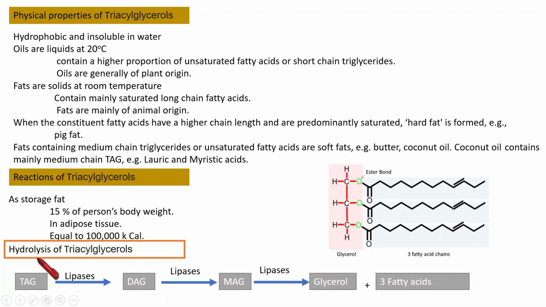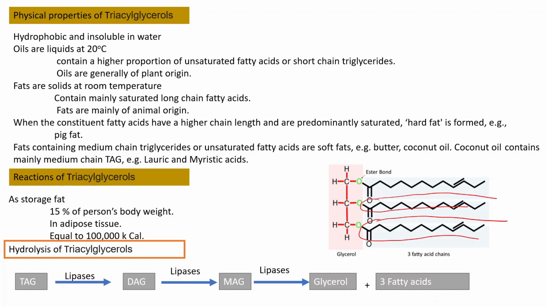What is happening in hydrolysis is that lipases act on this triacylglycerol and first cleave and free one fatty acid. And as a result, what resulted? Diacylglycerol. Diacylglycerol means two of the OH groups are esterified to two fatty acid chains. It is again acted upon by lipases and the second fatty acid chain is also released.